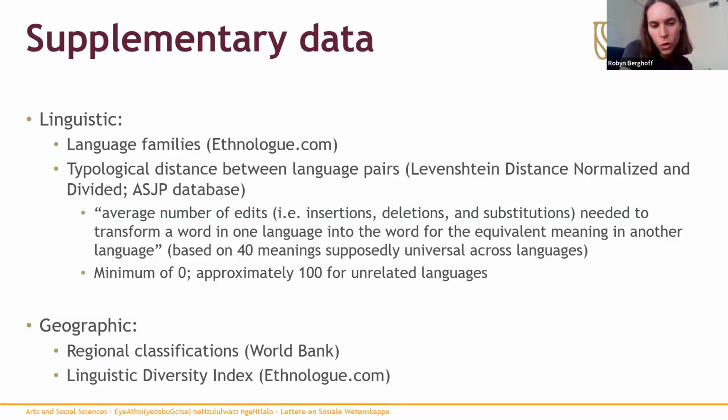And this measure, which is called the Linguistic Diversity Index, reflects the likelihood of two randomly selected people from a given country sharing the same first language, right? So actually, I think it's measured in terms of having different first languages, sorry.